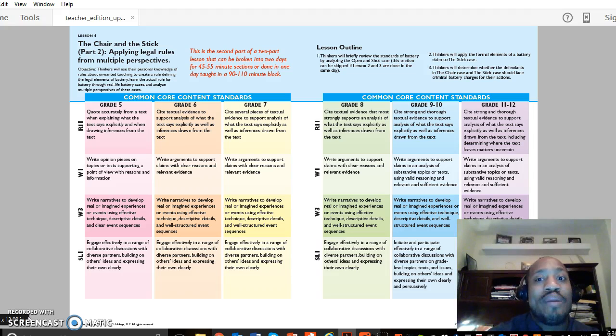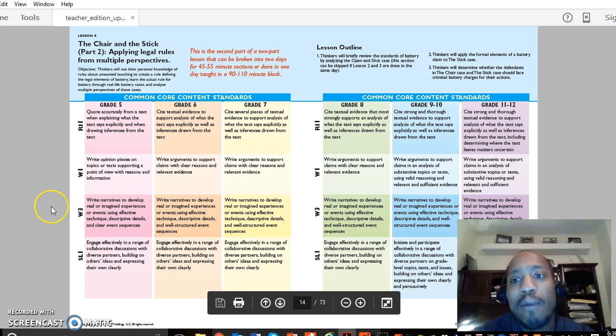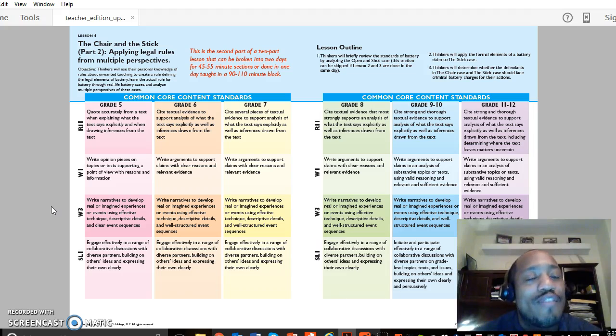We're looking at the open and shot case, and then we will look to the formal elements of battery as applied to the stick case and determine whether these defendants should get any sort of criminal charges for what they're faced with. We'll also have some fun activities in terms of ranking the relative evil of each of these defendants and kind of taking it from there.